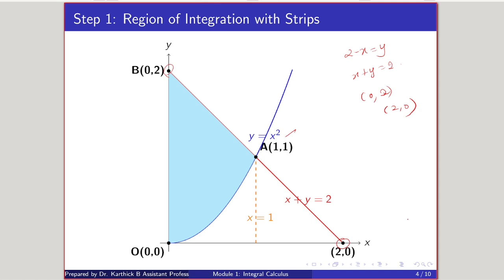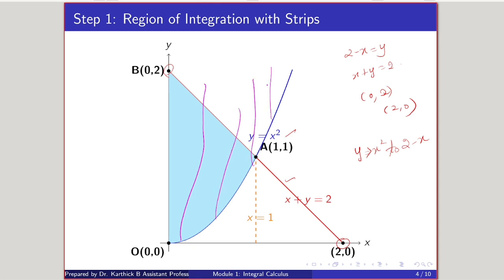Just see, y varies from x square to 2 minus x. x square will be a parabola.